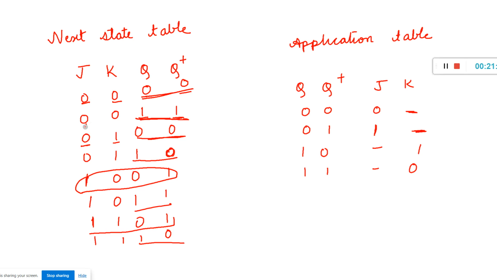And here 1 1, J is 1. J is 0 and 1, so don't care. Next K is 0 here, and here K is also 0, so I have written 0. So this is how we have to write the application table from the next state table. Did you understand this?